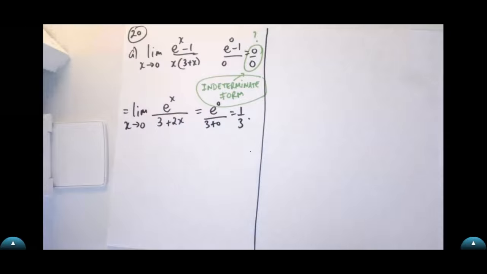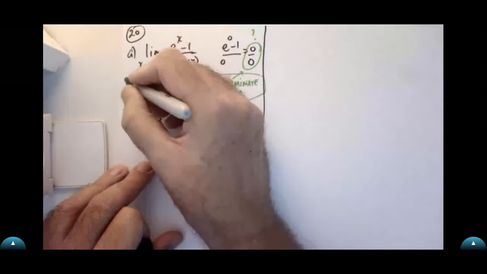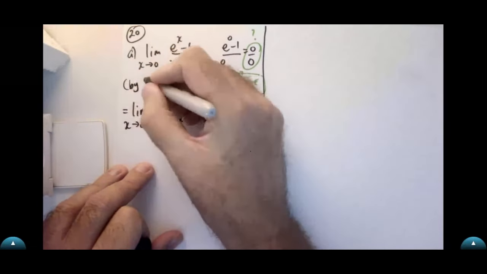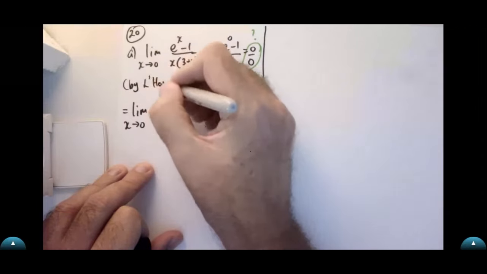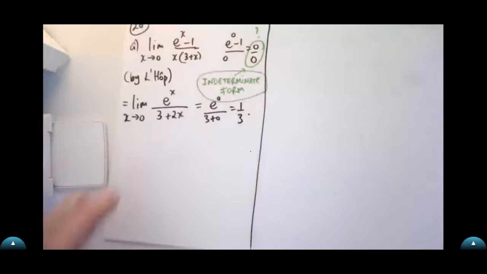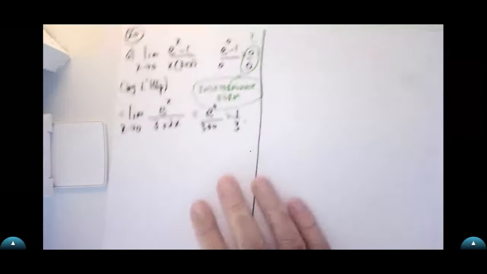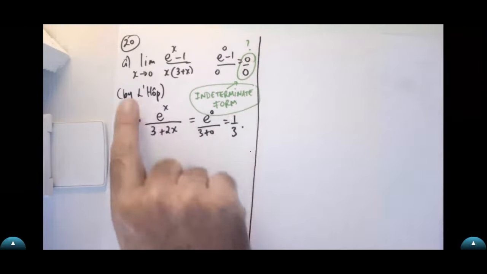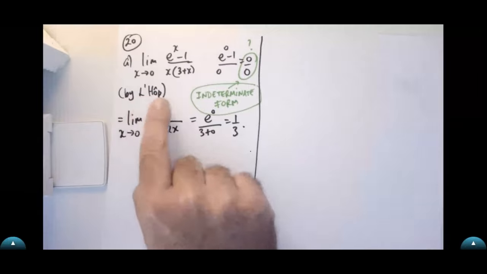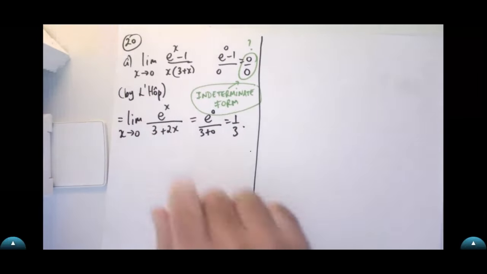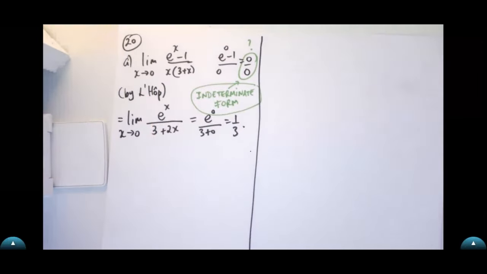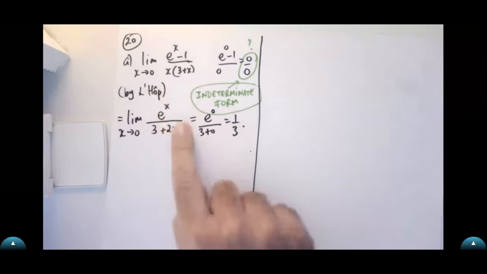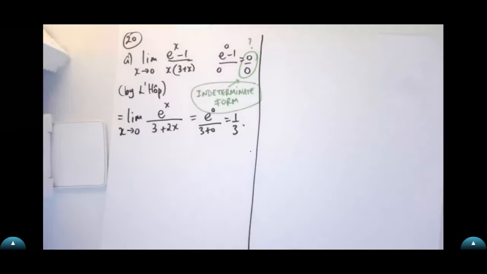Now, I should mention something about L'Hopital's rule here. We've checked the indeterminate form condition, that's fine. We've named the theorem, L'Hopital, and then we've retaken the limit. L'Hopital says this limit is equal to this limit.